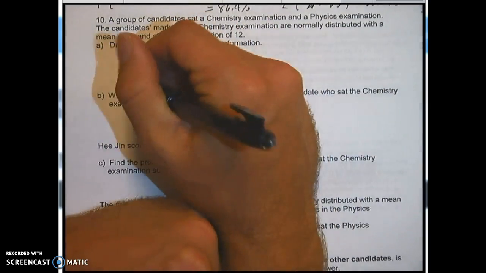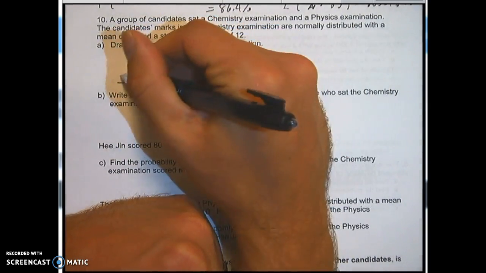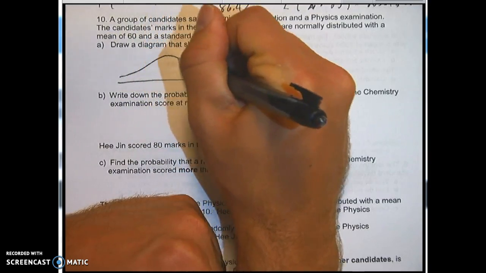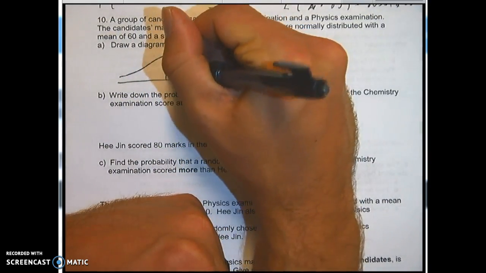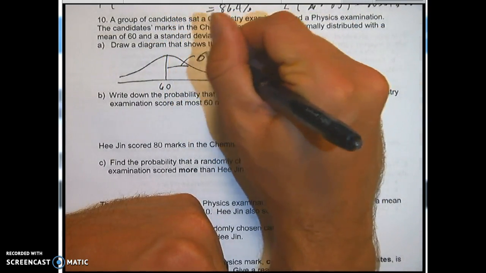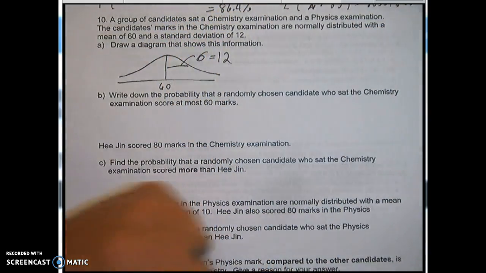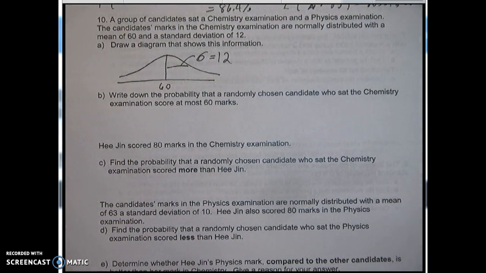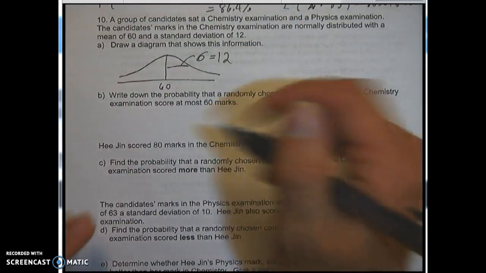Draw a diagram. Love to. Here we go. X-axis, bell curve. There's your mean of 60. There's your standard deviation of 12. There's your picture.